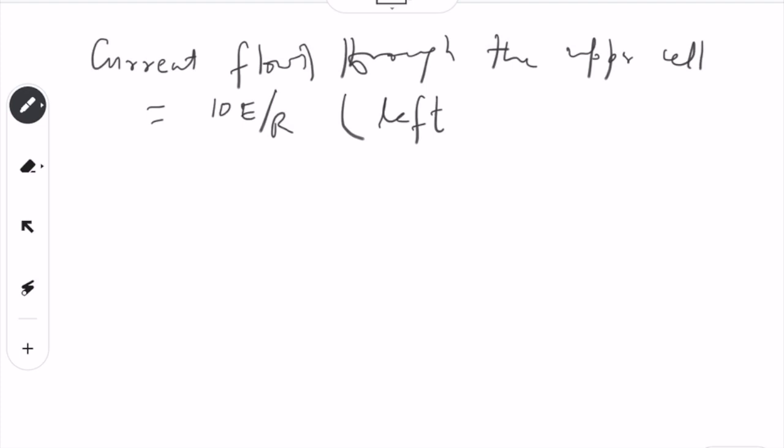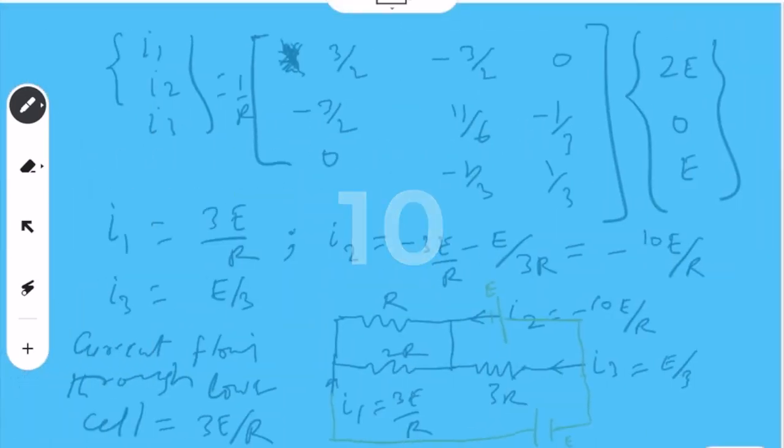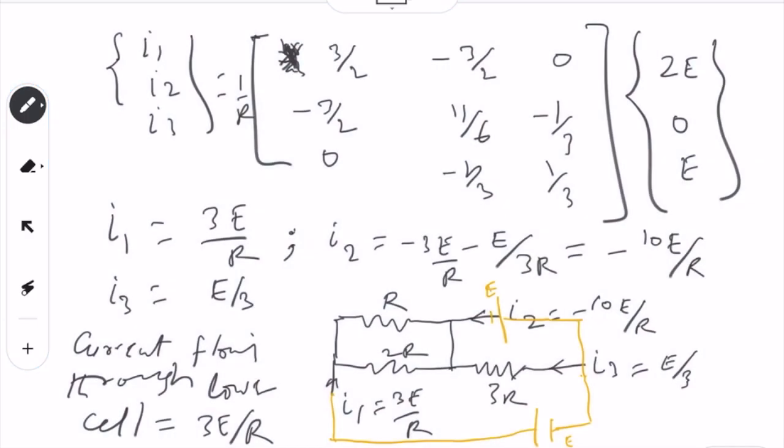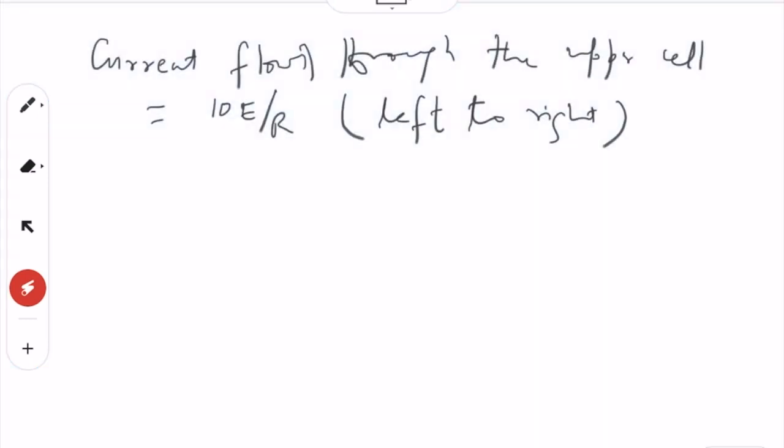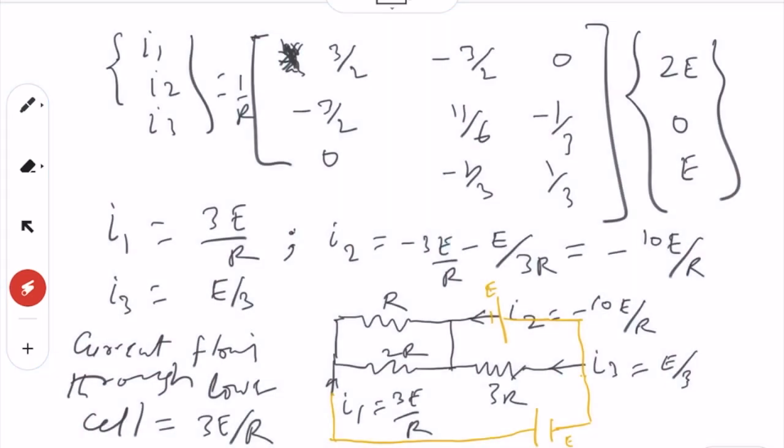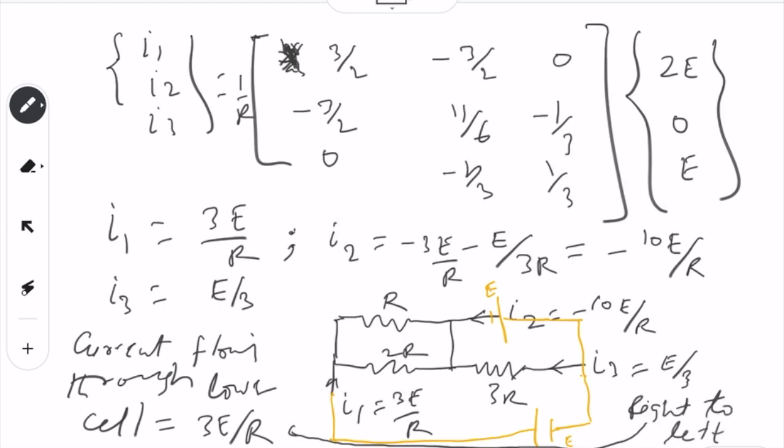So that means it is going left to right. In this case 3E over R, and this is flowing right to left, so right to left is correct. So here we can write right to left.